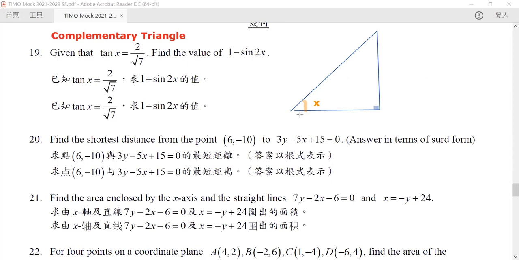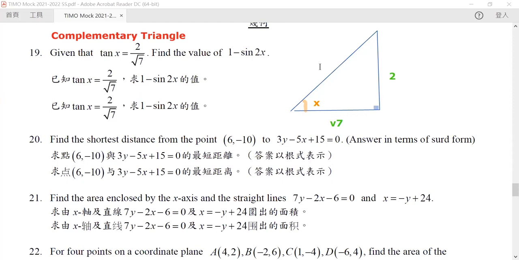Because of this, we know tangent x, but what is tangent x? Tangent x is our height divided by our base, right? If the height divided by the base is equal to 2/√7, can we just make it such that this is equal to 2 and this is equal to √7?